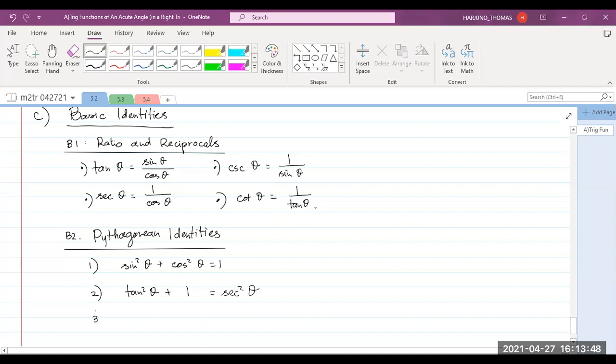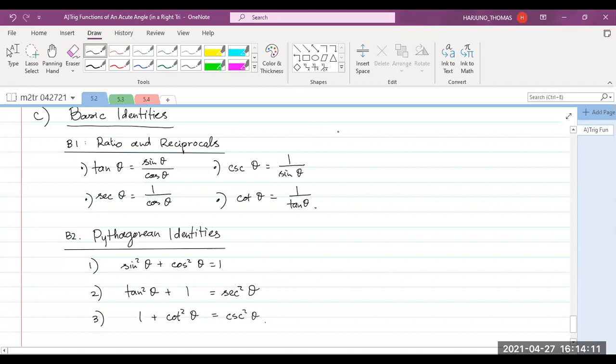The third, 1 plus cotangent squared theta is cosecant squared theta. I will prove this later on.